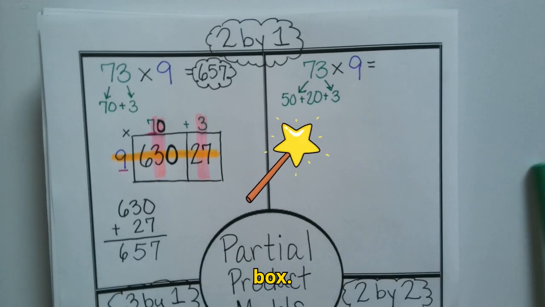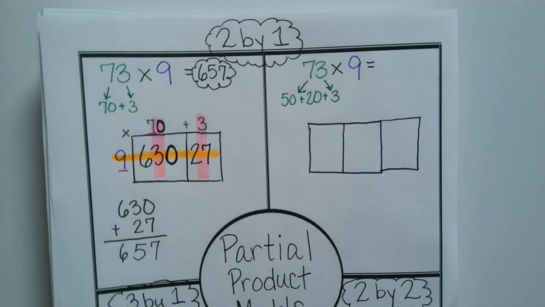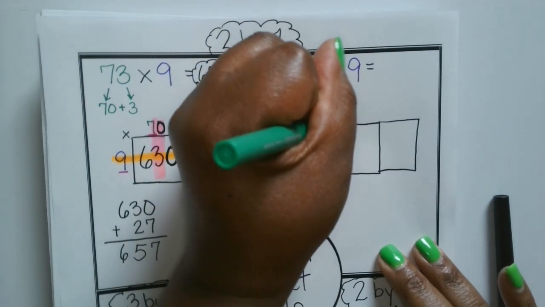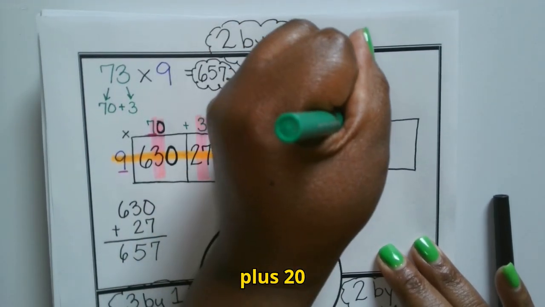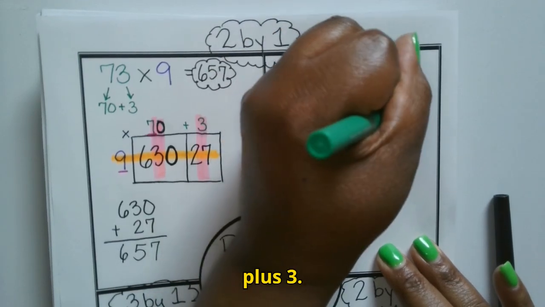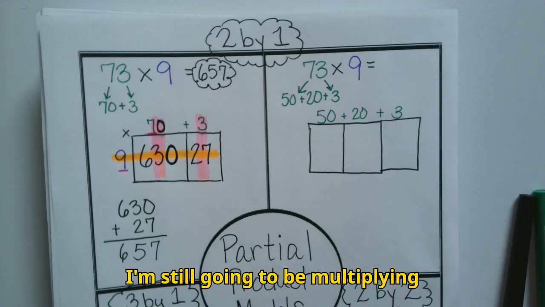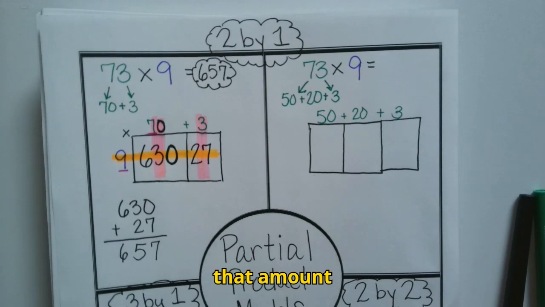So let me set up my box. So I have 50 plus 20 plus 3. I'm still going to be multiplying that amount by 9.